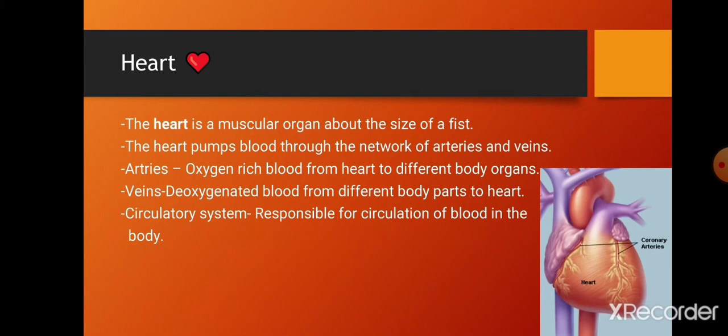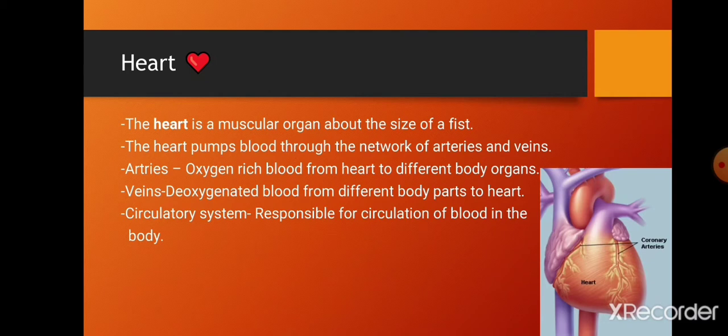What does it mean? Arteries carry blood which is rich in oxygen, and this blood is circulated from heart to different body organs. And veins collect deoxygenated blood, or the blood which is low in oxygen, from different body parts, and this blood is sent to heart again.